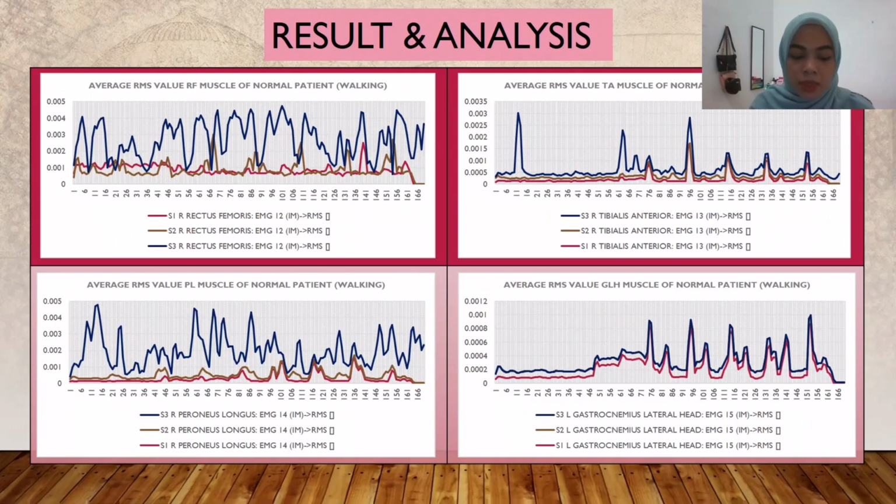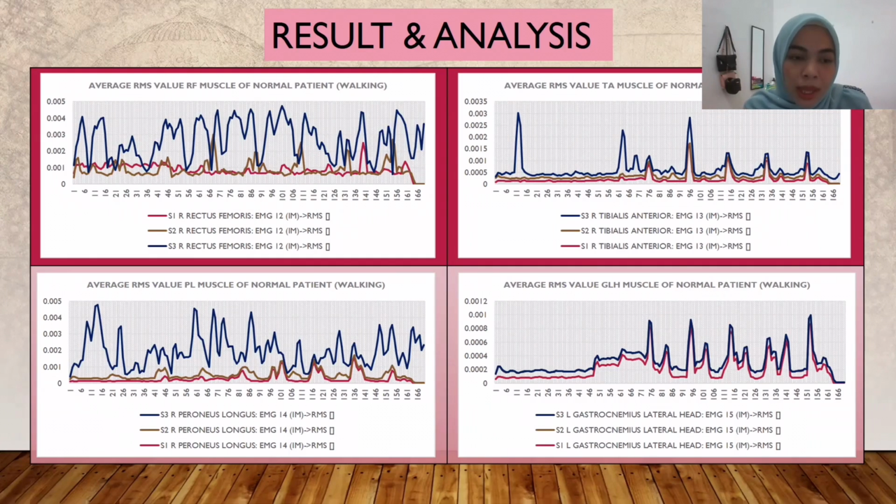So basically EMG detects abnormal muscle through the electrical side. EMG detects the muscle through the electrical signal that is sent to the sensor and translated by the EMG software. Okay, so proceed with the graph.